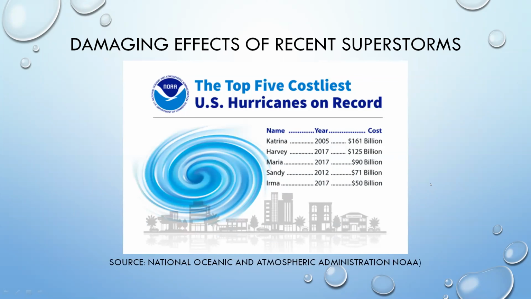And as you can see, all 5 of the costliest storm events have occurred since Katrina in 2005. So within the last 13 years, all 5 of the costliest storms occurred. And you can see Harvey, Maria, and Irma were all just last year. So 3 of the top 5 costliest storms of all time just happened last year alone.